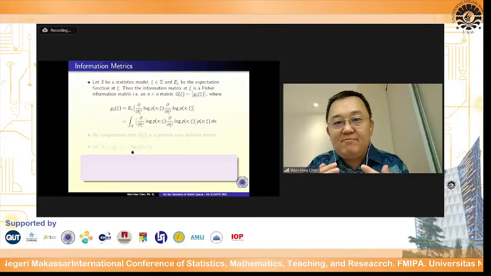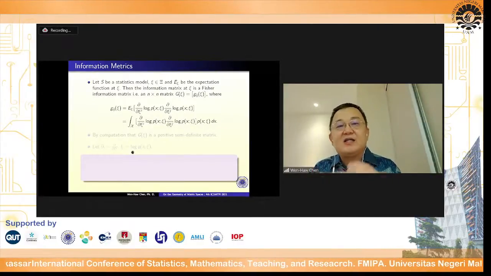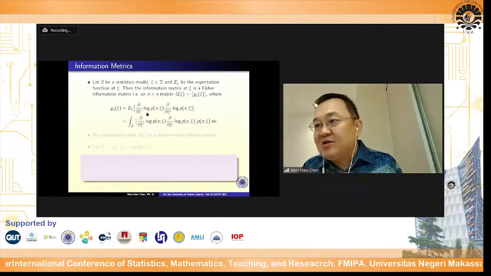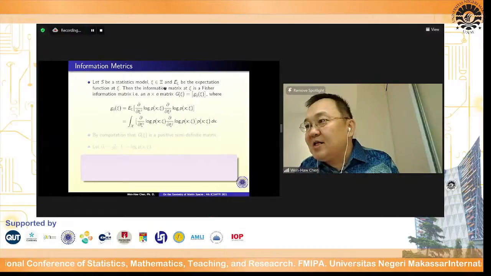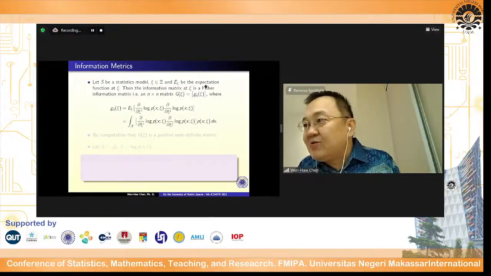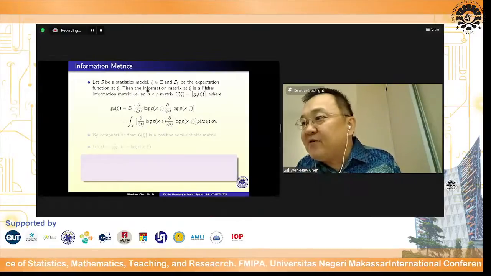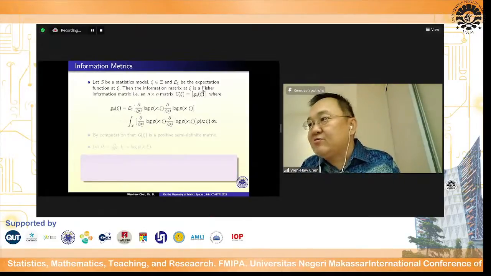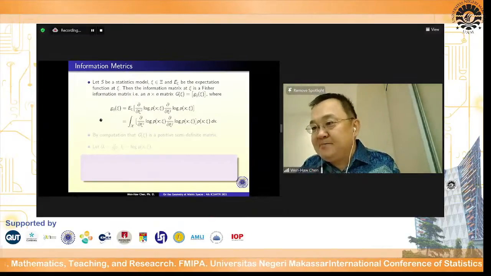As we mentioned before, we want to equip a so-called Riemannian metric on this statistical model. Let S be a statistical model, and we have the expectation functions. Then the information matrix, the so-called Fisher information matrix, is defined like this.